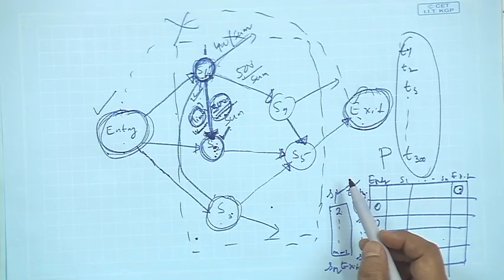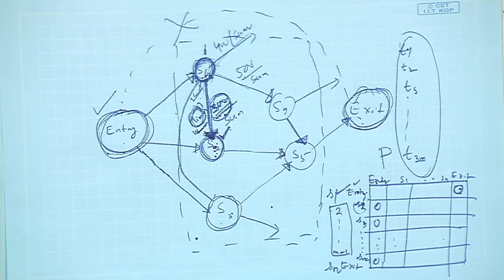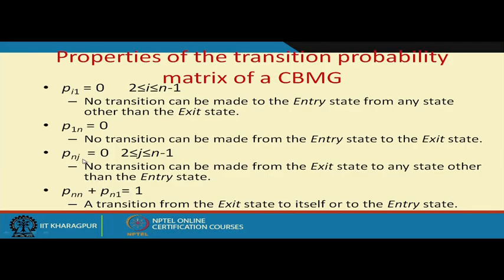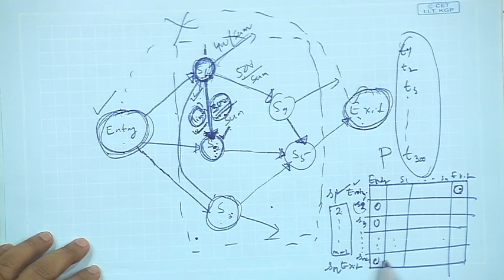Therefore, going from page n, that is the exit state, to j, that is any other state, is not possible. So, going from the exit state to any other state is not possible. So, all these values are also 0.